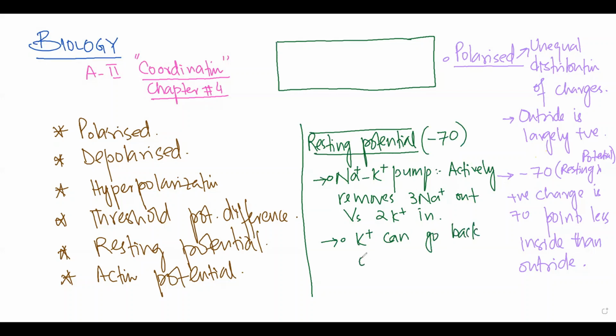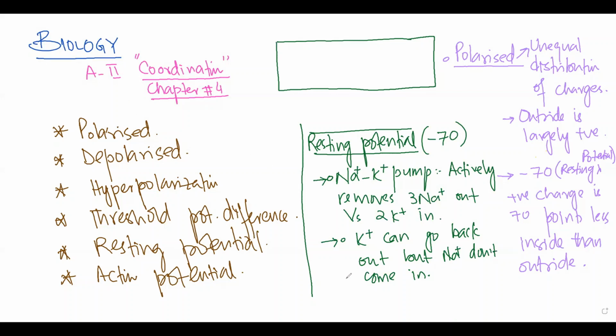But Na plus ions don't come in. So the pump favors positive outside because it is sending 3 positive ions out and 2 in, and some of these potassium ions can go out. So the outside is made more positive.